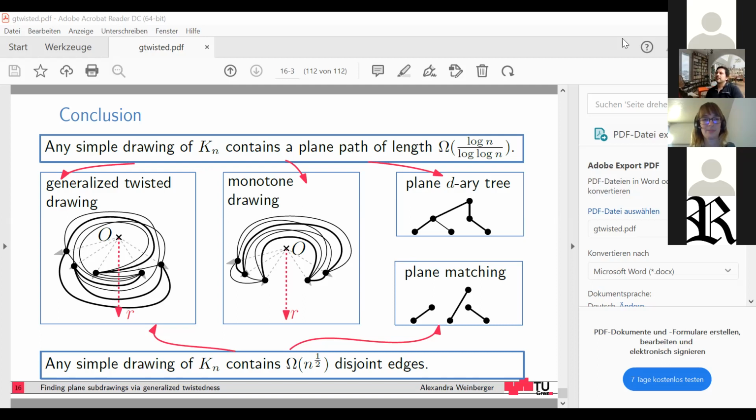But the crossing number, maybe there is. I haven't thought about this much, but the one difficulty that I see is that for the plane drawings we look at, we really only need a substructure, and if the rest does stuff and crosses, we don't care.